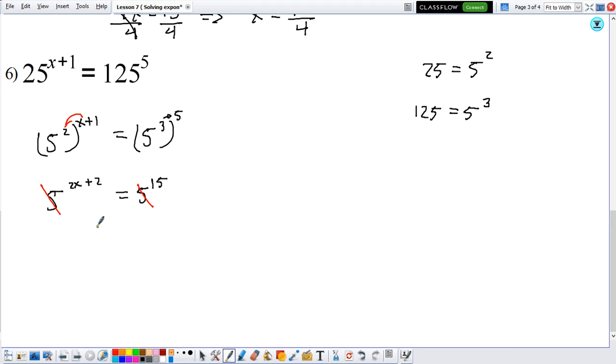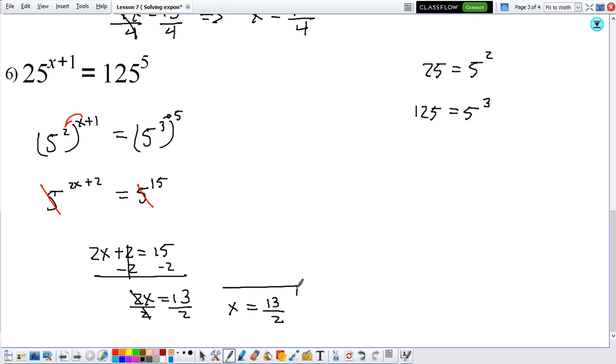So now we're just going to set the exponents equal to each other. So now we have 2x plus 2 equals 15. And now we just solve. Minus 2, cancel each other. So we have 2x equals 13. Divide by 2. And now this says that x is equal to 13 over 2.